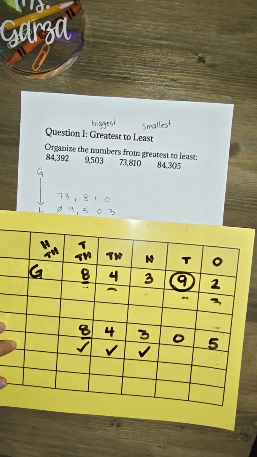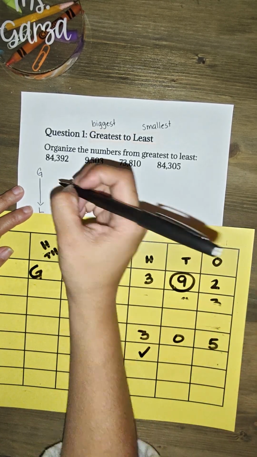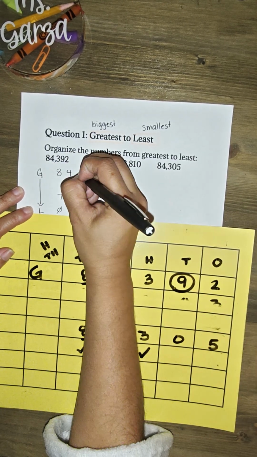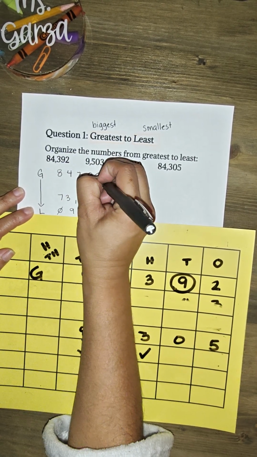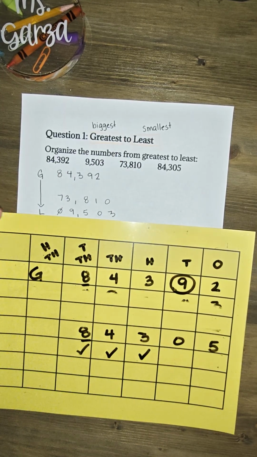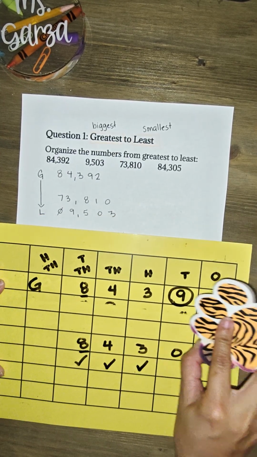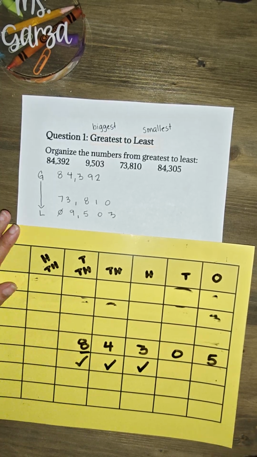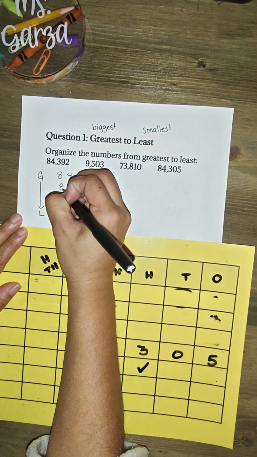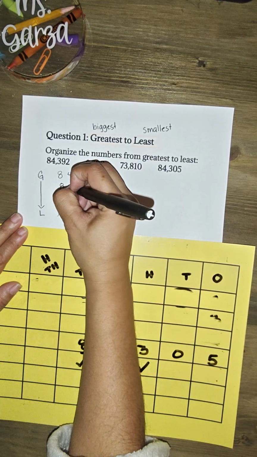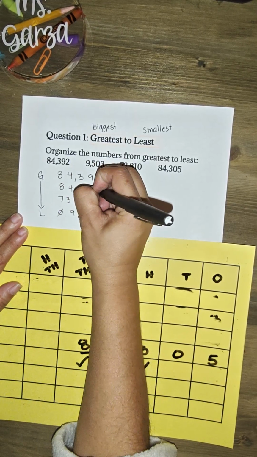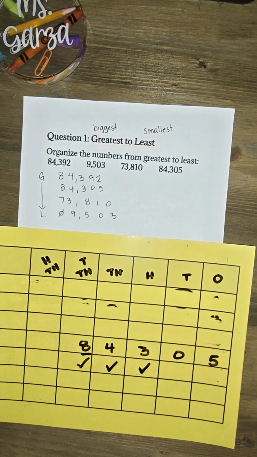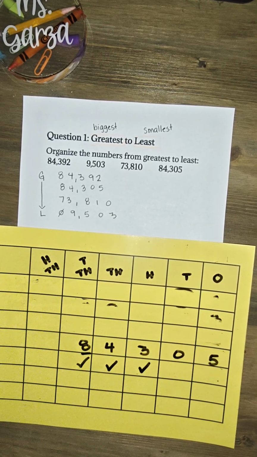I'm going to go ahead and transfer it over. Okay, and then since I transferred it over, I can erase it, and then I only have 84,305 left. And that's it, boys and girls. We just ordered our numbers from greatest to least.